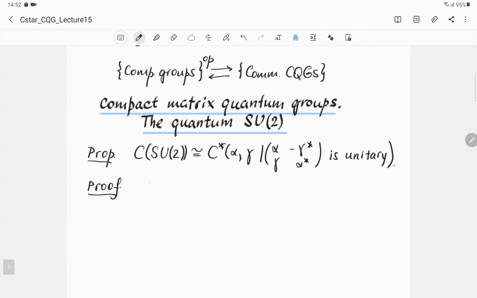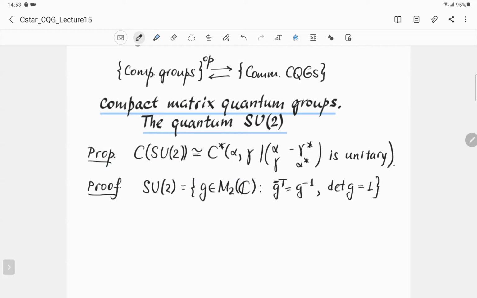Well, let's recall that the group SU2 is defined to be the group of all square 2 by 2 complex matrices G, such that G is unitary and the determinant of G is 1. And such matrices can be defined explicitly. They have the following form.